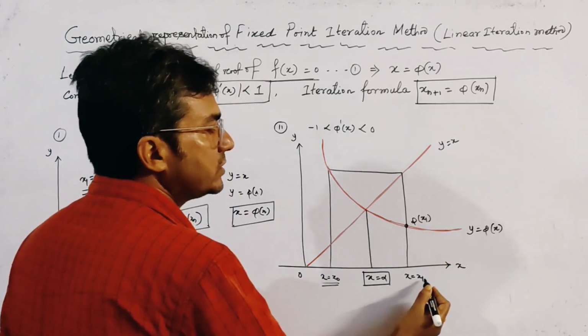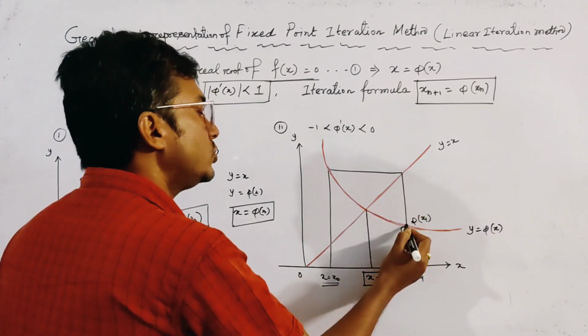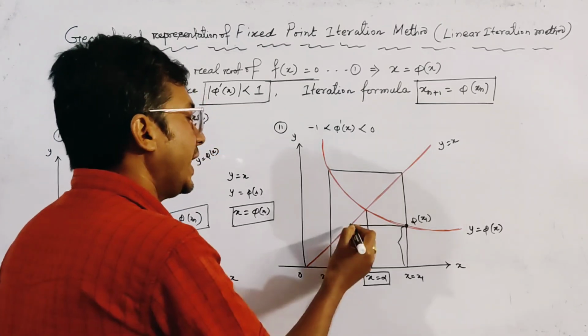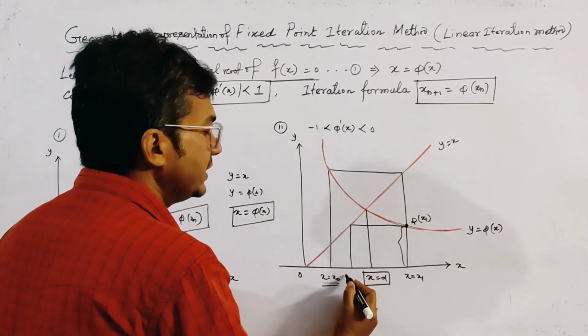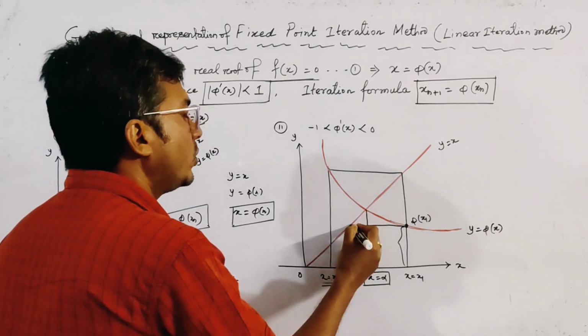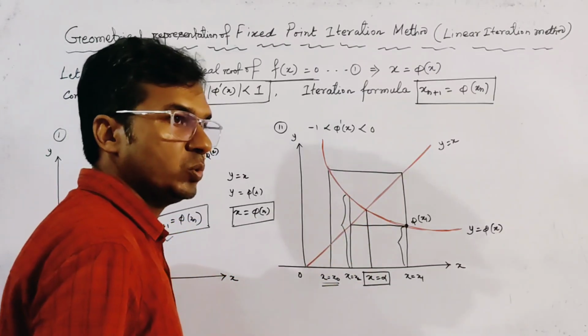Because at the point x equal to x1 we get the height phi of x1. Now also draw a perpendicular on the line y equal to x, and then a perpendicular on the x-axis, getting the second approximation, this is x2, and what is phi of x2? This is given by phi of x2.